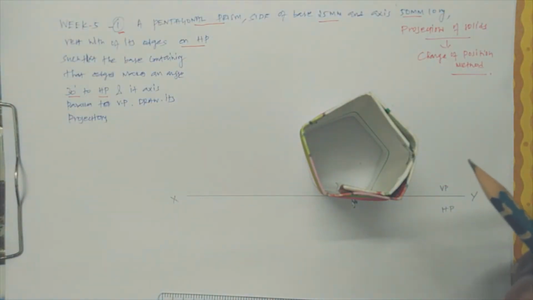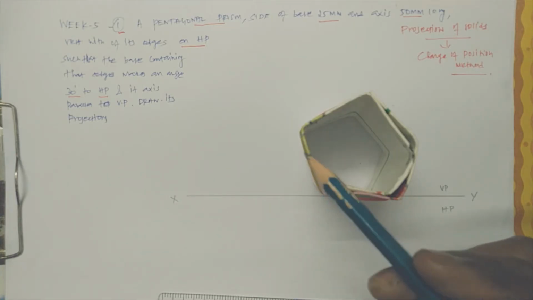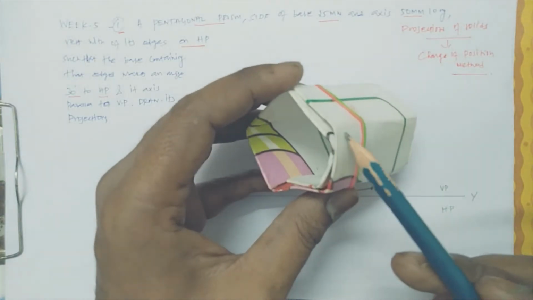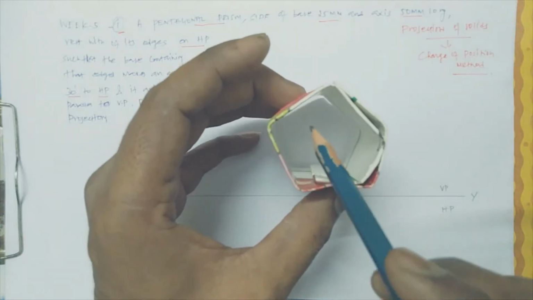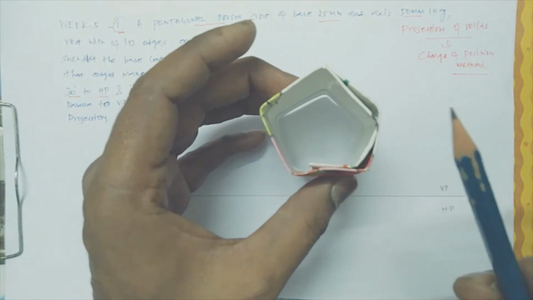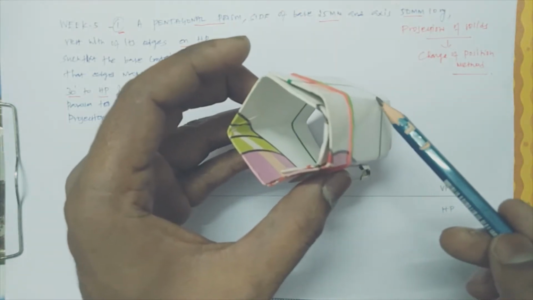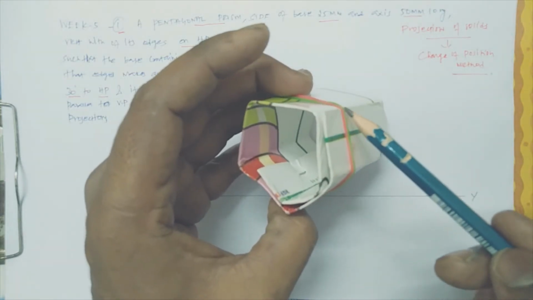So for the pentagonal prism, what they are specifying is that this side is 25 mm, and the axis, in the sense the height, is 50 mm. The center will have an axis that is 50 mm. These corners you can specify as edges.